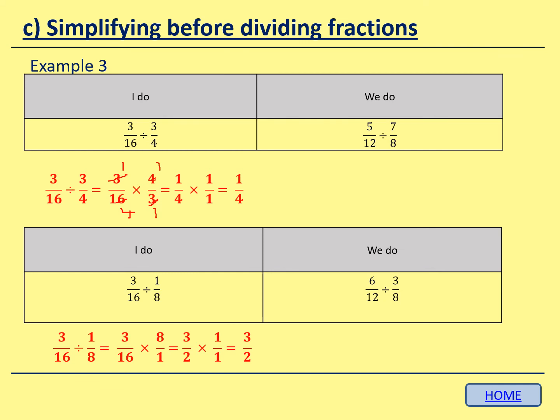Okay, now 8 goes into 16: 8 1s is 8, 8 2s are 16. So I've got 3 times 1 is 3 and 2 times 1 is 2. That's 3/2 and that equals 1.5. So now you do these two. The answers.